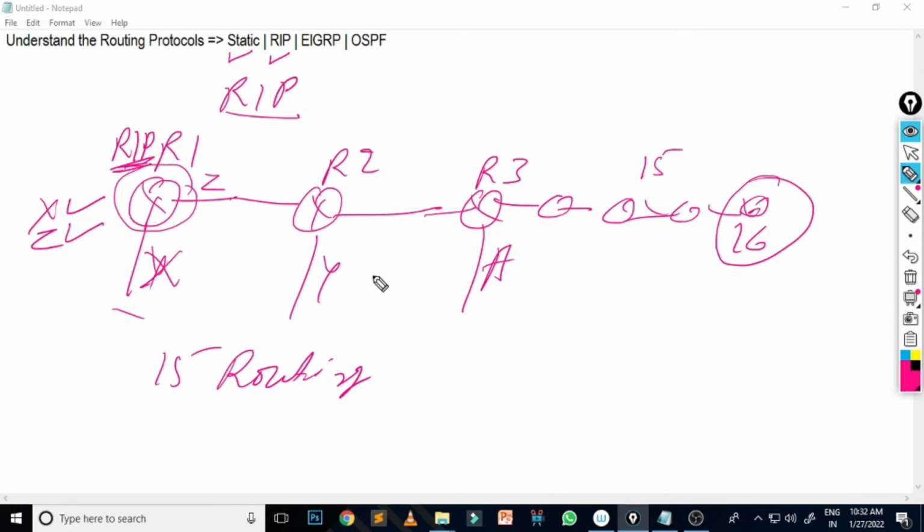Because it takes a lot of time to transfer data, by that time a lot of unnecessary traffic for that particular X network is traveling on the network. That is why we do not use RIP anymore.